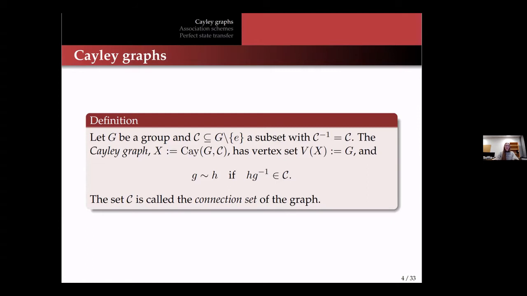Then the Cayley graph that we denote by K(G, C) has the group elements as its vertices, and the elements G and H are adjacent if HG inverse is in the set C. We are going to call the set C the connection set of the graph. So we have a group and a subset, and those two define a graph for us.